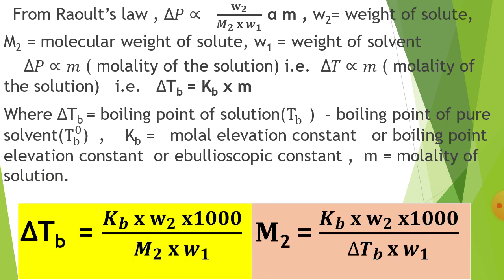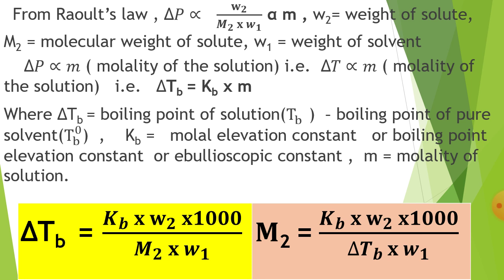Now from Raoult's law we know that delta P is directly proportional to the mass of solute divided by the molar mass of solute and the weight of solvent. This is proportional to molality. Here W2 is the weight of solute, M2 is the molecular weight of solute, W1 is the weight of solvent. In that condition, delta P is directly proportional to the molality of the solution. Similarly, we can write: delta T is directly proportional to the molality of the solution.